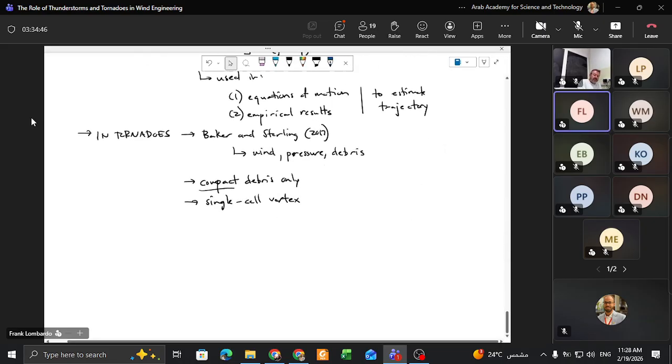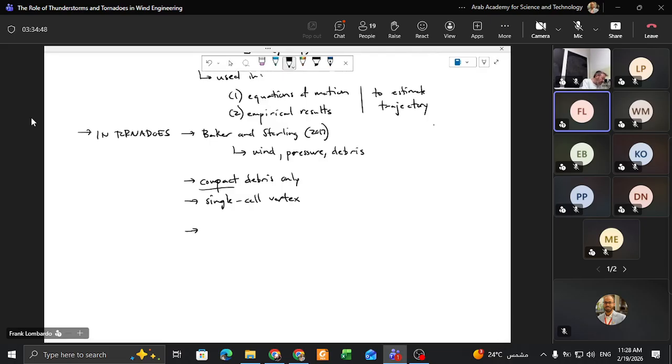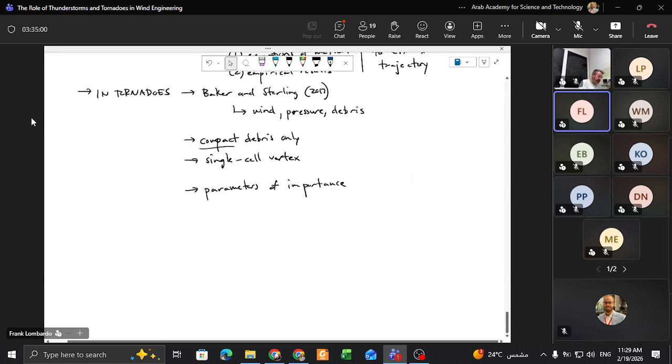They said there are three non-dimensional parameters of importance that tend to govern the trajectory of debris. The first one, which we mentioned yesterday a little bit, is the swirl ratio. Since this is not done in the simulator, this is just a theoretical model.